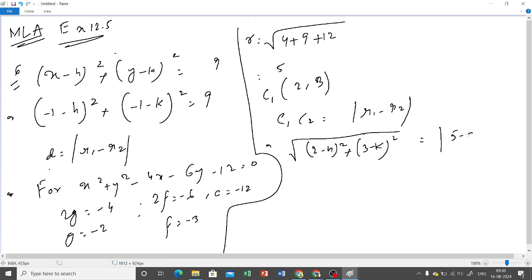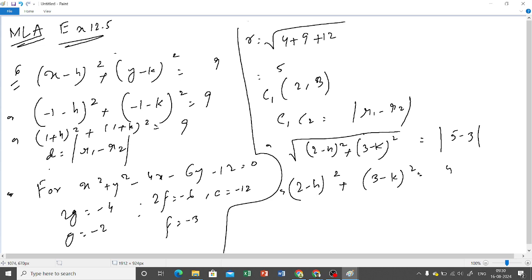This is 5, this is 3. Now if we solve these two, we will get h and k.